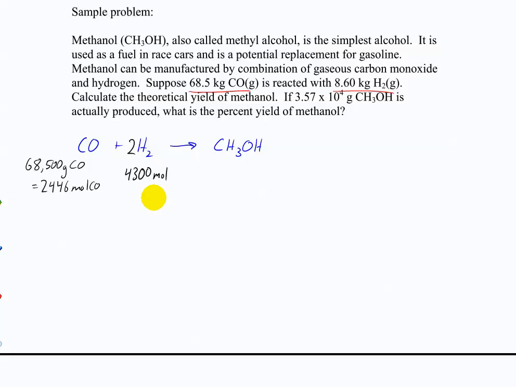If we wanted them to react perfectly, and we had 2,446 moles of carbon monoxide, how much hydrogen do we need? We need double that, right? Because it's 1 to 2. And double that is more than 4,300, right? Right. Okay, so hydrogen is limiting.